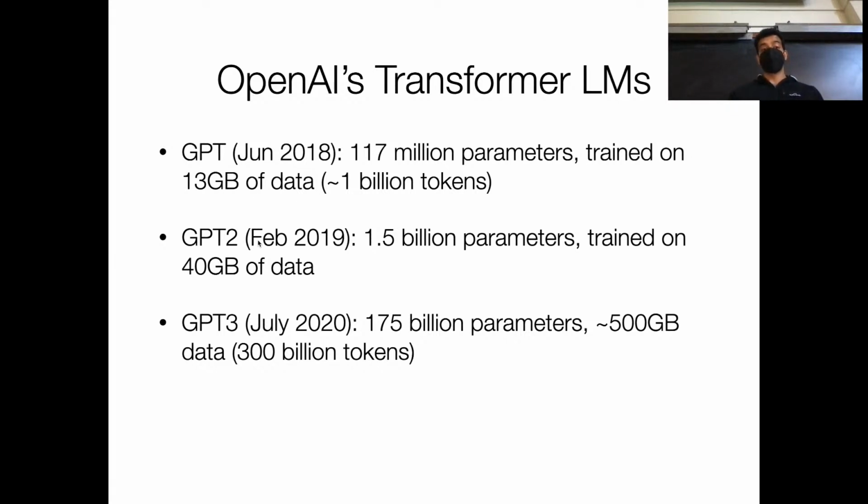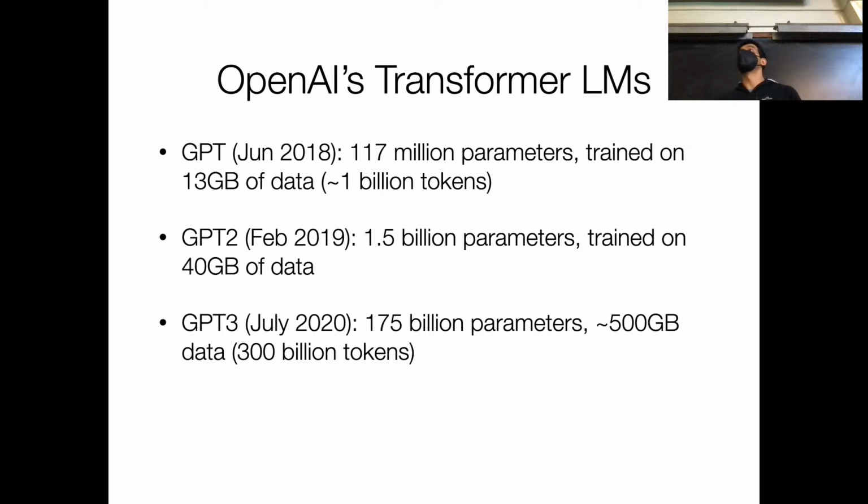GPT-2 was not even a year later. They scaled it up to 1.5 billion parameters. They scaled up the amount of data as well. Then GPT-3, the next year, a way bigger model, right? 175 billion parameters, almost 500 gigabytes of training data, so 300 billion tokens, 300 times what they did 2 years ago.